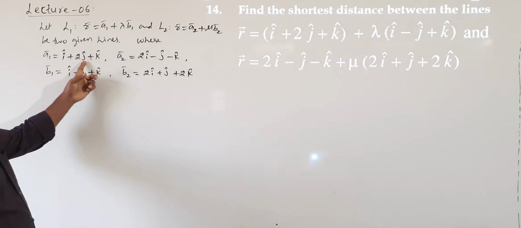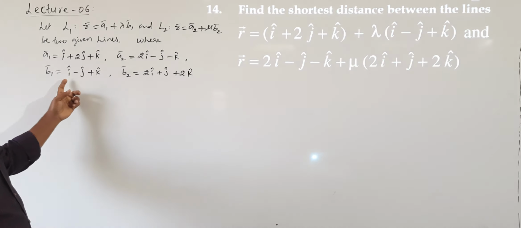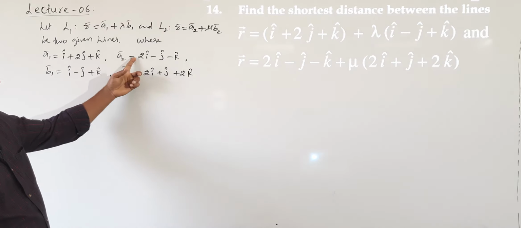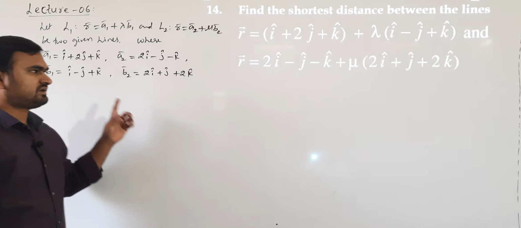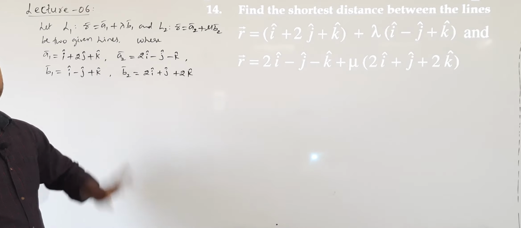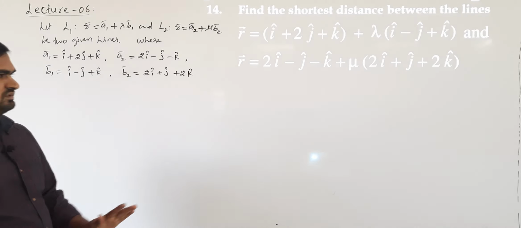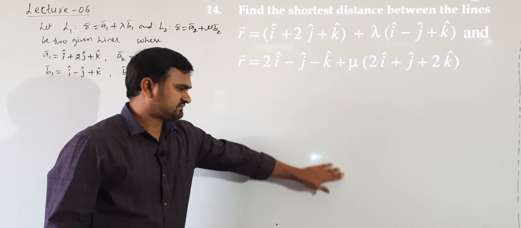Right? i plus 2j plus k, i minus j plus k, 2i minus j minus k, 2i plus j plus 2k. So these are a1, a2 and b1, b2. So we know the distance between skew lines formula.